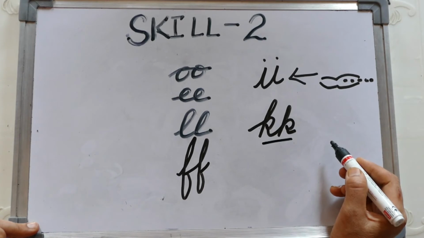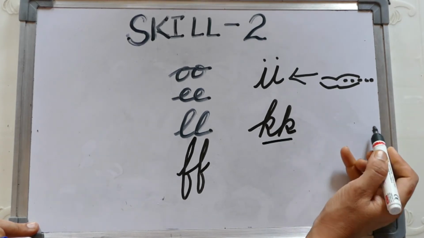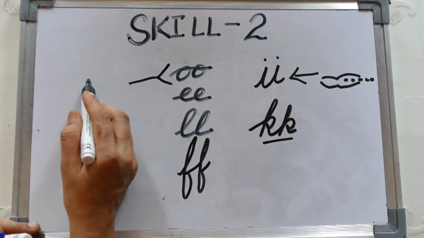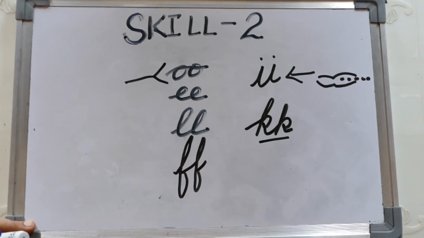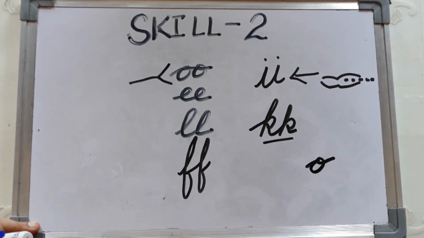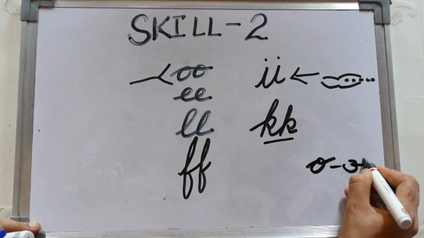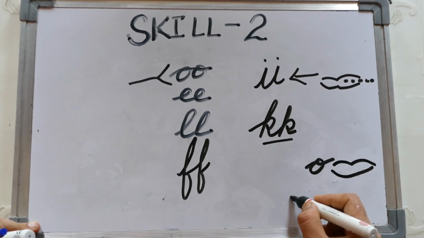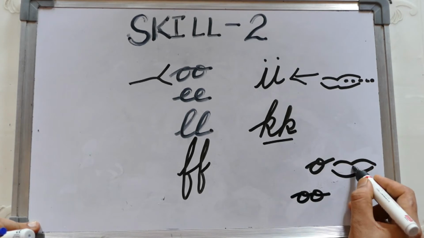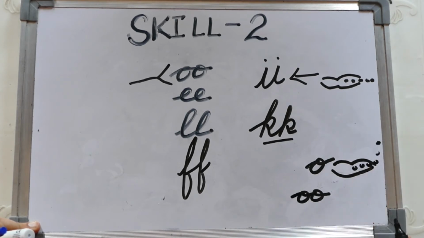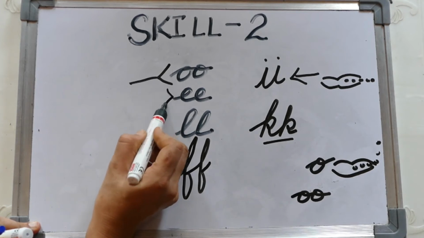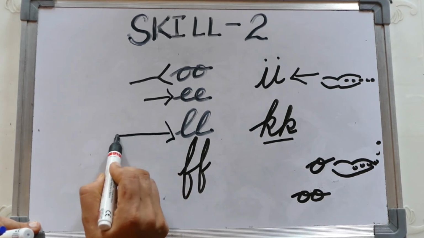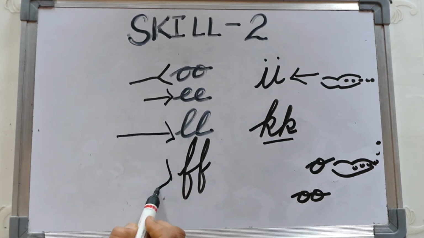If double K is there, K. If double O is there, what you will say? If suppose single O is there, we are saying O. But when double O is there, what you will say? Oh, air is coming out like this. Oh. If double E is there, E. If double L is there, L. If double F is there, F.